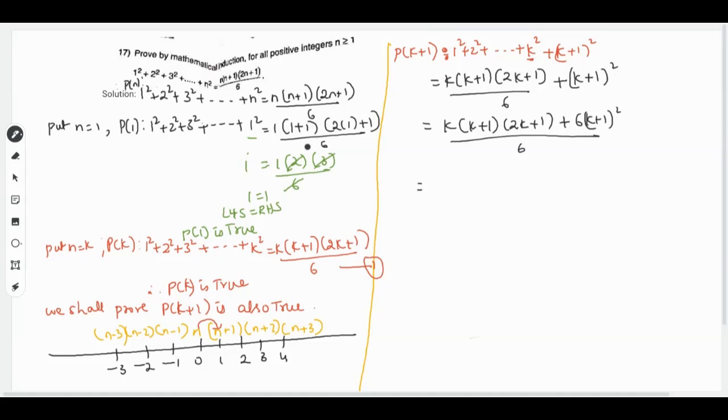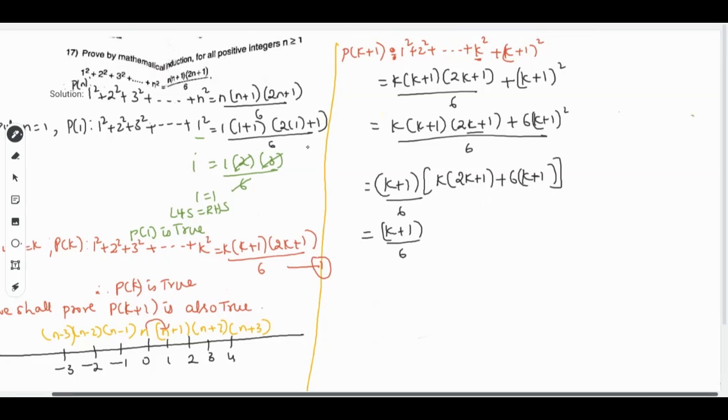Now if I take k plus 1 as common, what do we get? We get k plus 1 times k into 2k plus 1 plus 6 into k plus 1, divided by 6. Now we'll do the simplification and substitute the value.